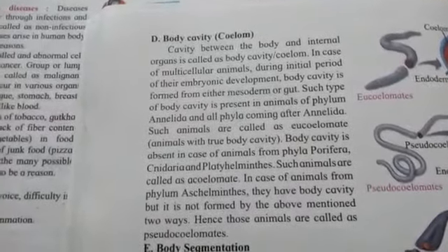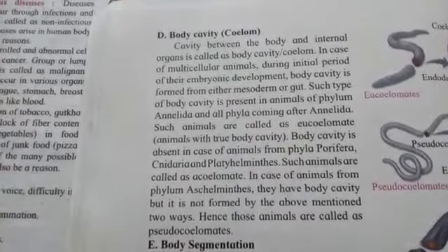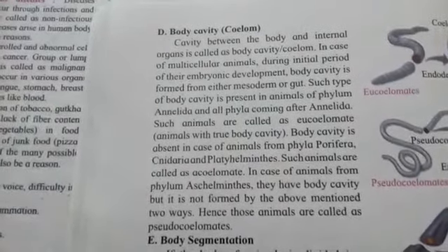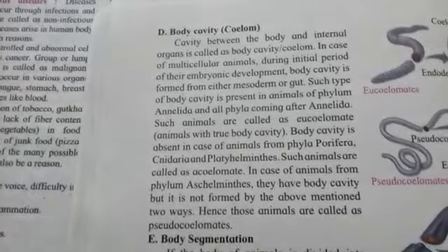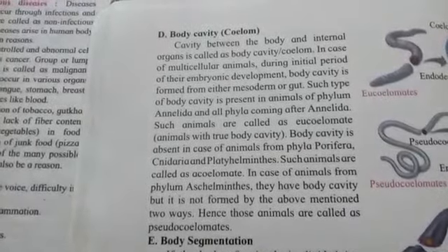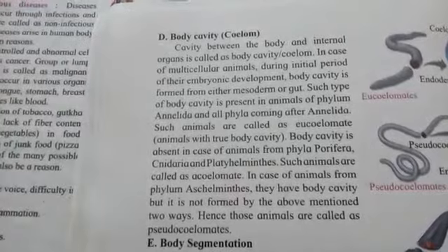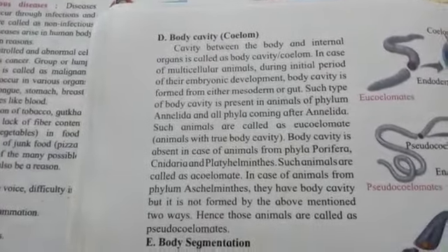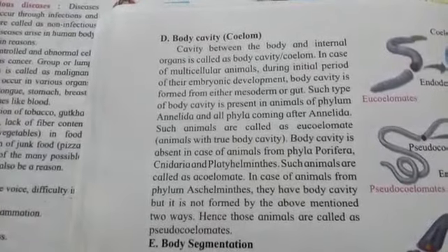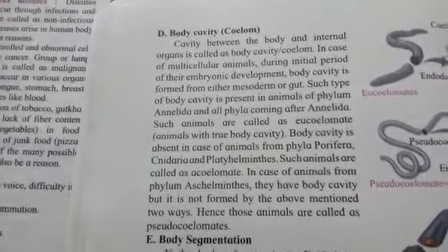Such type of body cavity is present in animals of phylum Annelida, and all phyla which come after Annelida, like Arthropoda, Mollusca, Echinodermata, Hemichordata, Chordata, these all will possess true body cavity. That means the cavity will be derived from mesoderm, and that is why these are going to be known as the eucoelomate, or the animals with true body cavity.